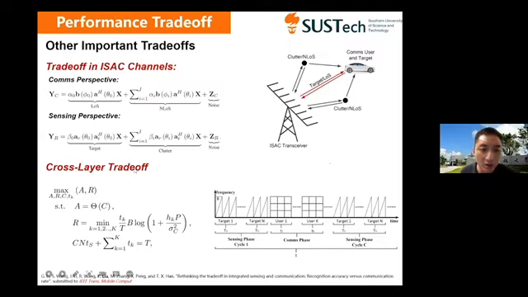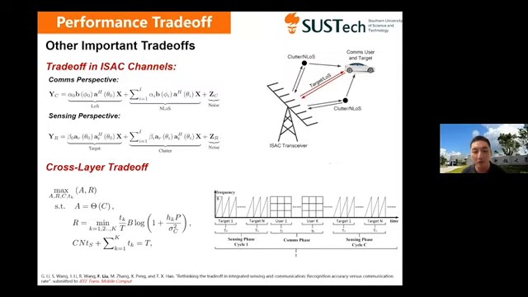There is also a cross-layer trade-off, because sensing can be done not only in the physical layer, but also in a higher layer. For example, like I said, when we do a recognition task, we consider what the target is, and the performance metric can be the recognition accuracy. Then there is a trade-off between this higher-layer sensing performance metric and the physical layer communication performance metric.